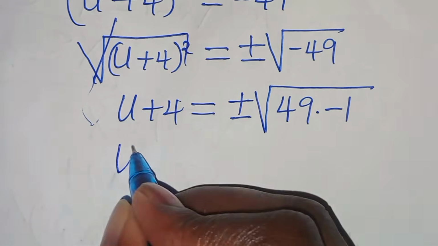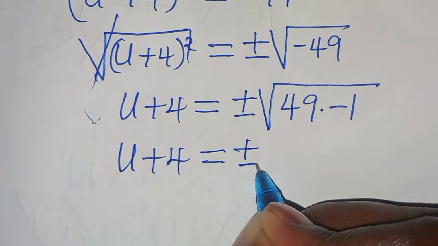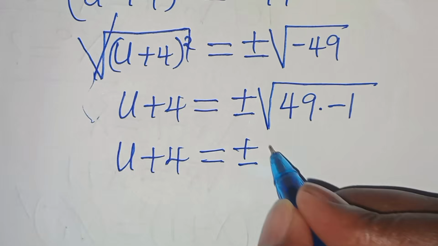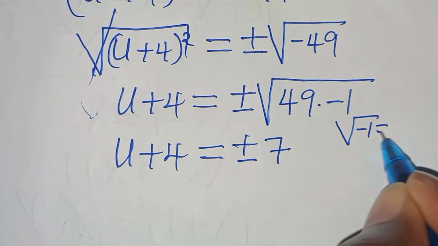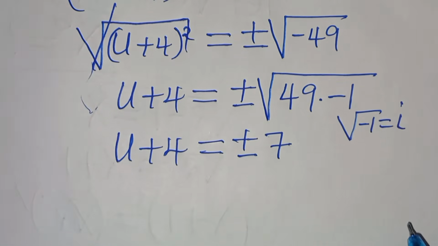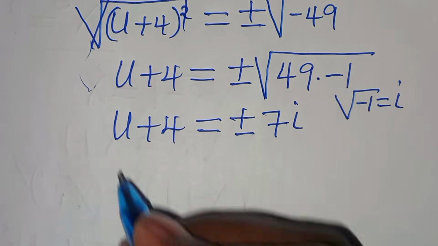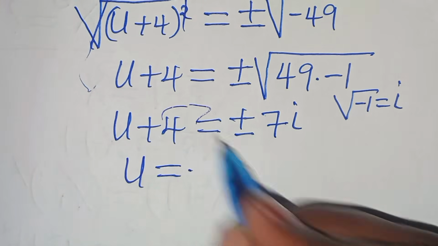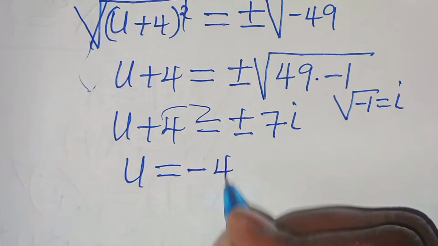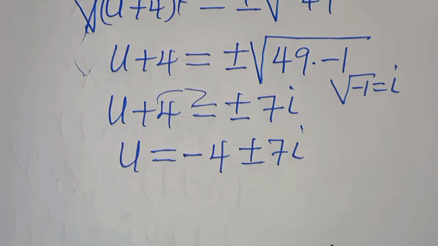So that we have u plus 4 equal to plus or minus the square root of 49, which is 7, then square root of negative 1, which is the same thing as i. So we have plus or minus 7i. So this means that u is equal to, let's take plus 4 on the right hand side, minus 4 plus or minus 7i.